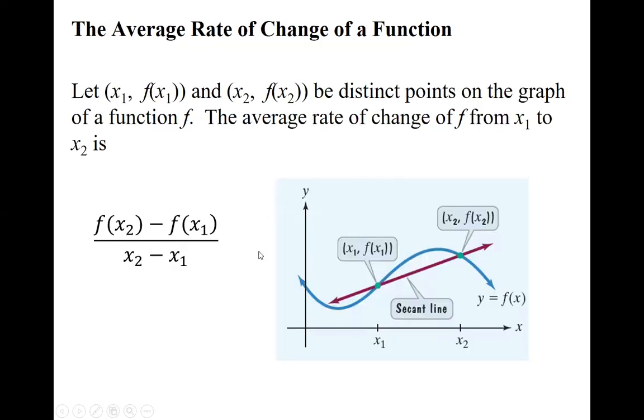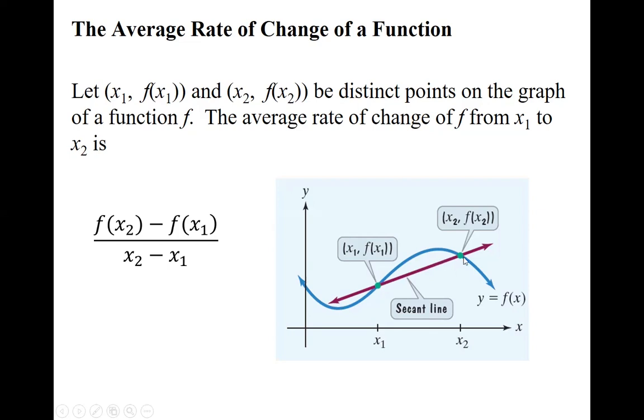Okay, slope as an average rate of change. If we were to draw a line through this nice squiggly function, f of x, that line would hit this function in 2 points.